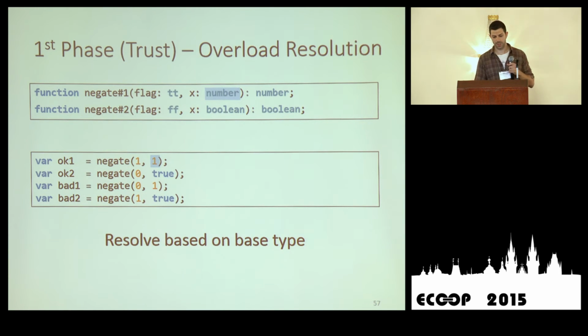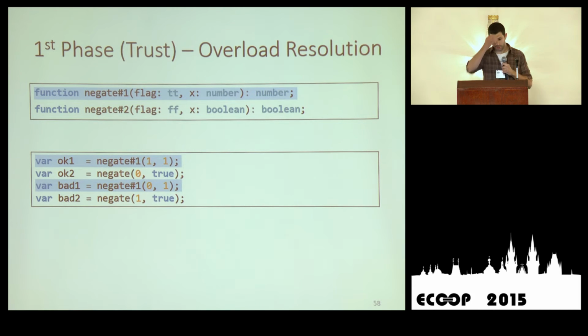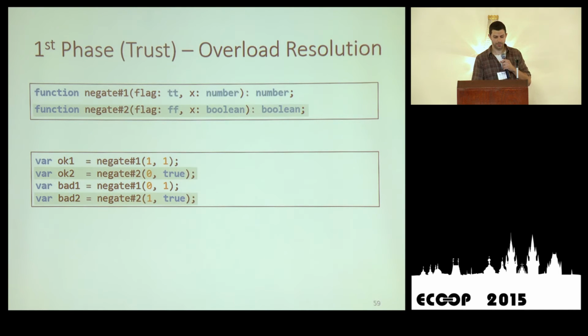And so for the first case, we realize that it's the first signature. Same holds for the third call to negate. And in a very similar manner, the second and fourth are assigned to the second signature.